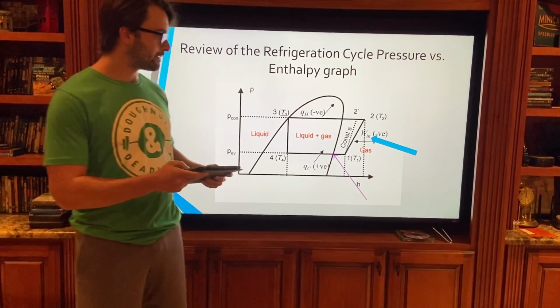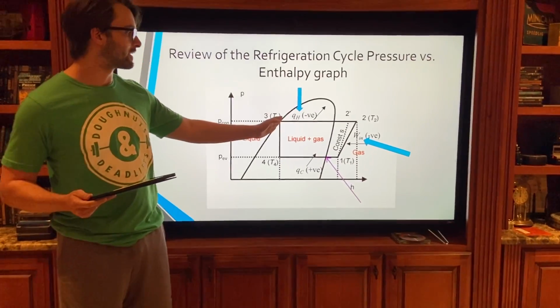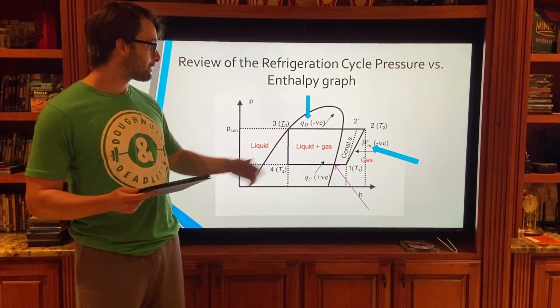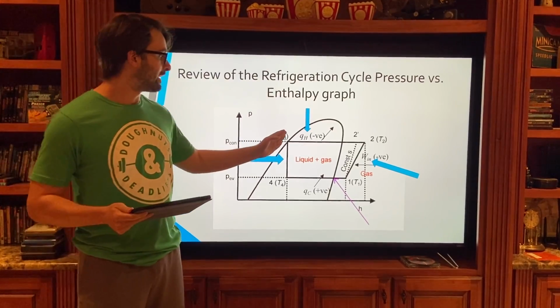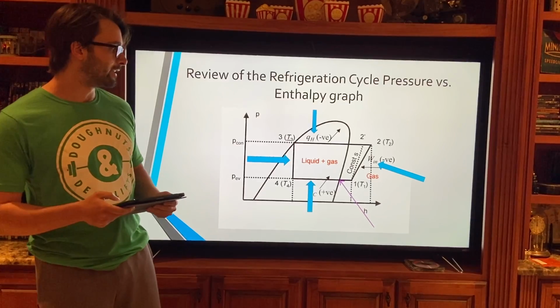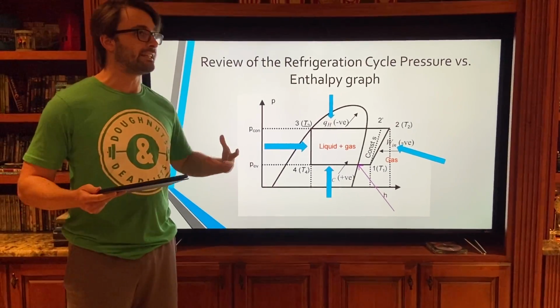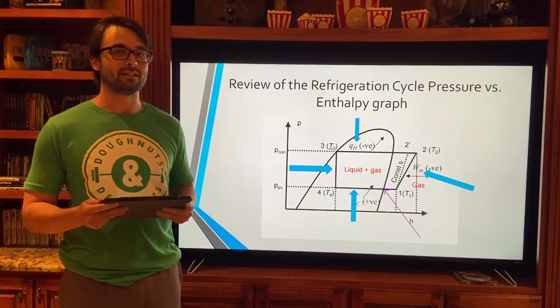And then we're going to have the enthalpy change across the condenser, and it's going to get to a saturated liquid here. And then across the thermostatic expansion valve, we're going to have that change to a liquid-vapor mix. And then we're going to have the heat input from the cold reservoir across the evaporator.